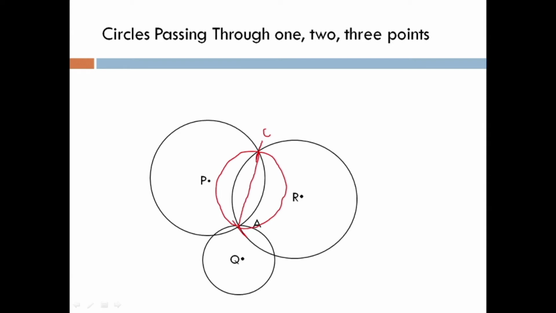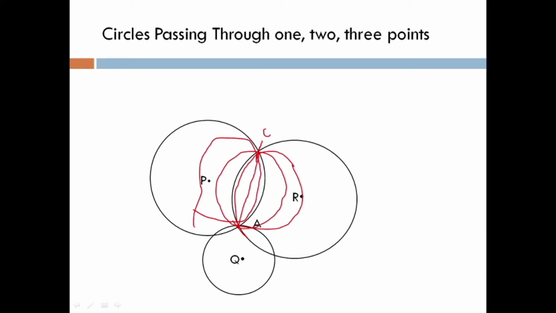I can also assume this line AC as the chord of the circle. So this is how I can draw it.